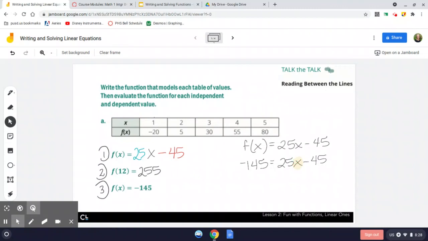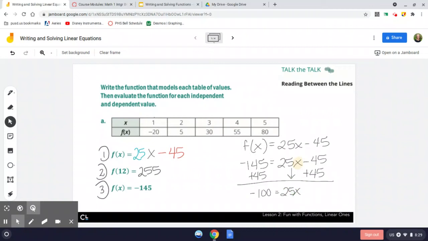Okay, so the 25 has to go, the minus 45 has to go, and that's going to go first. So to both sides, we're going to add 45. Negative 145 plus 45 is negative 100. The 25x just comes down.